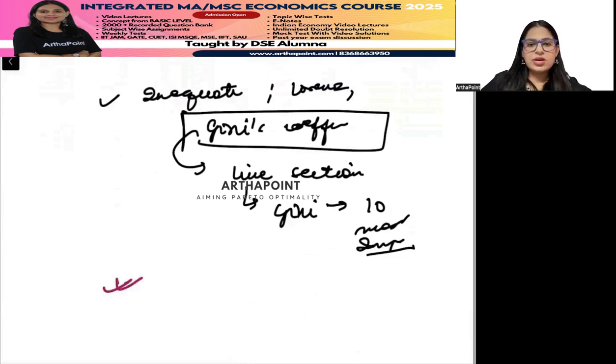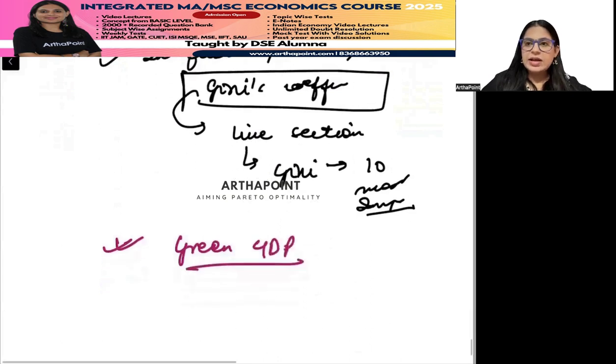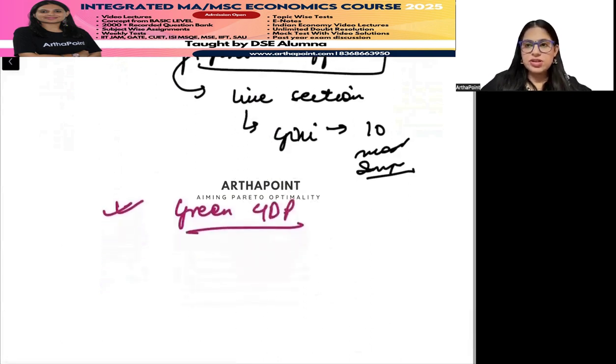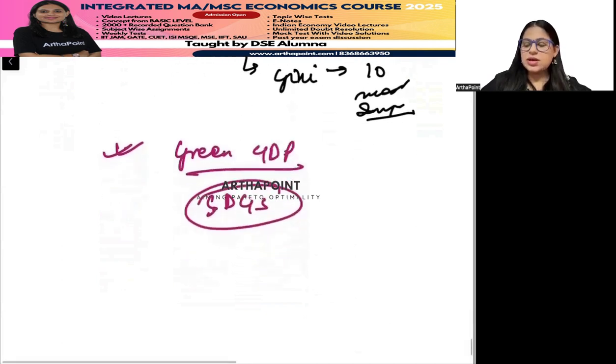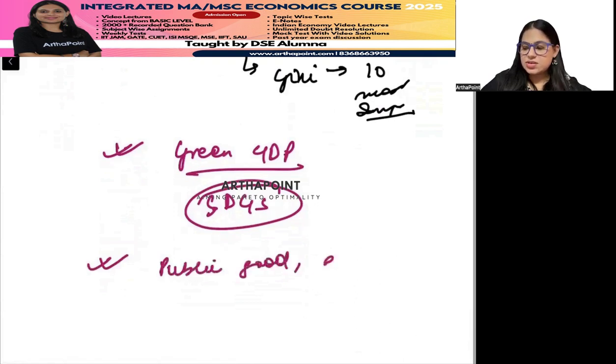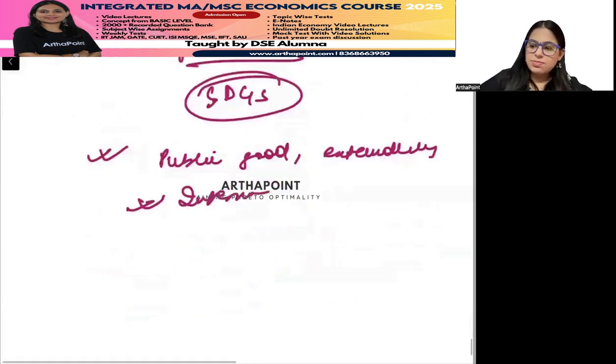Then go ahead and revise some of the other concepts, like what is green GDP, what are the sustainable development goals, SDGs. Revise these. Revise what public goods and externalities are. And at last, do some international models also, especially basic models.